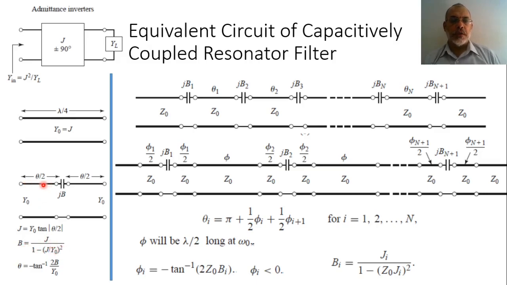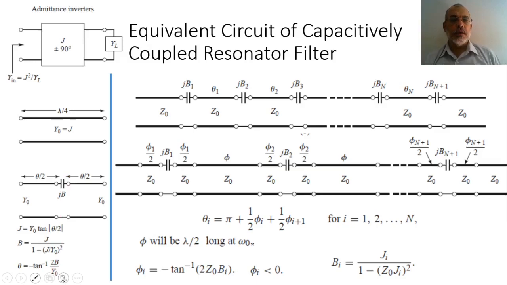And for the sections theta over 2 and theta over 2 connected to such a capacitance, theta is given by minus tan minus 1 of the value of the admittance of the capacitance over Y0.